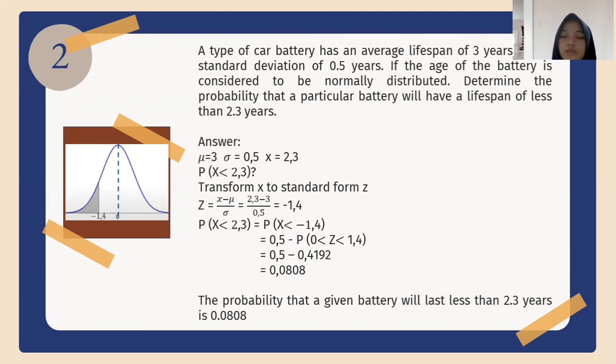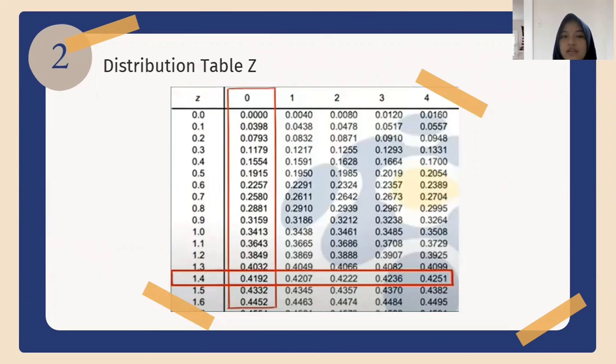So the probability that a given battery will last less than 2.3 years is 0.0808. And this is the distribution table Z that we use in the second question.